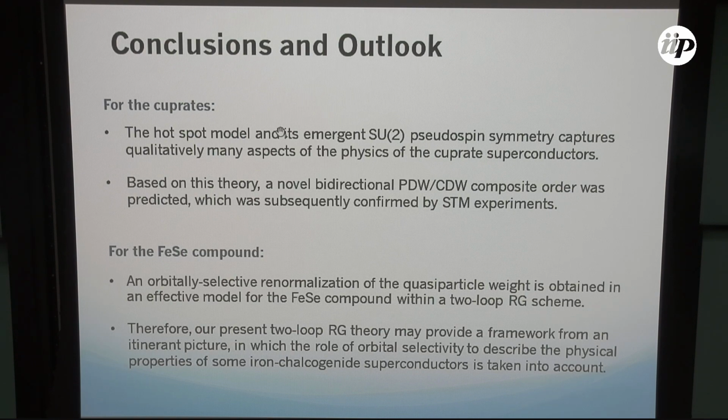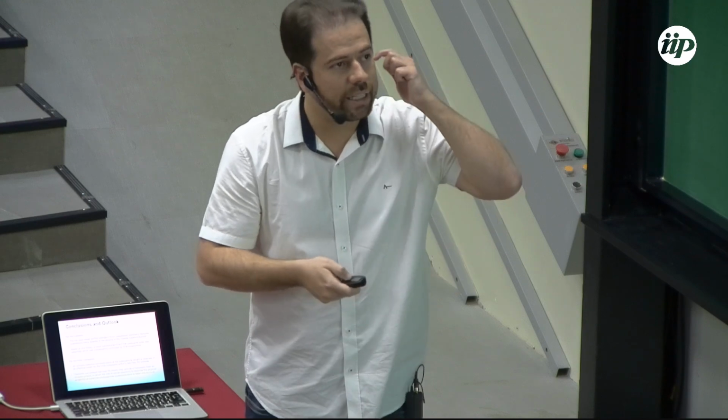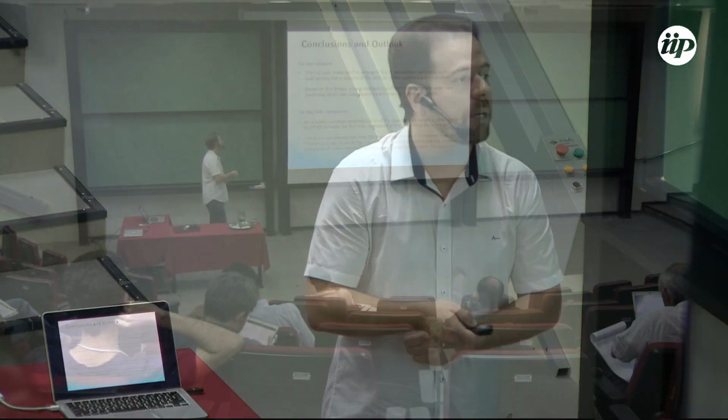So for the cuprates, I showed you the hotspot model, and its emergent SU(2) pseudospin symmetry captures qualitatively many aspects of the cuprates. Based on this theory, for instance, a novel bidirectional pair density wave / charge density wave composite order was predicted, which was subsequently confirmed by STM experiments.